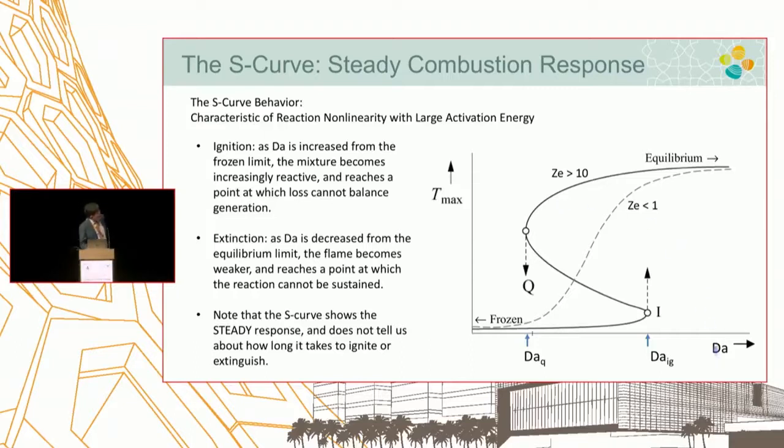A large Damkohler number is an intense reaction, so you are approaching equilibrium. If the Damkohler number is way too low, then this is not going to burn, it's frozen. As you increase the Damkohler number, the frozen flame jumps up to the flame mode. And there is a hysteresis, and that's what is signified by this S-curve.